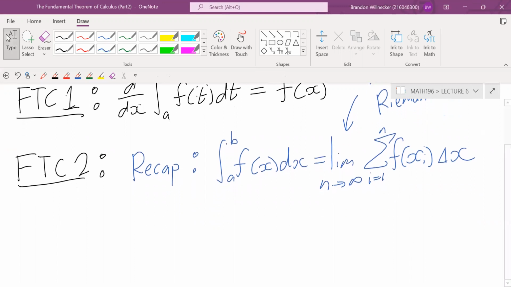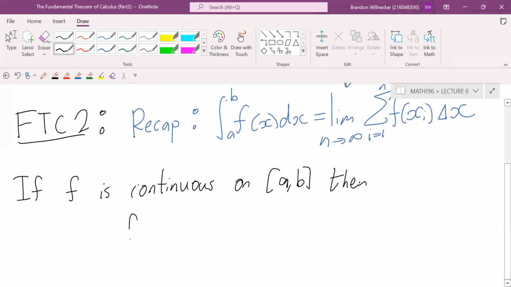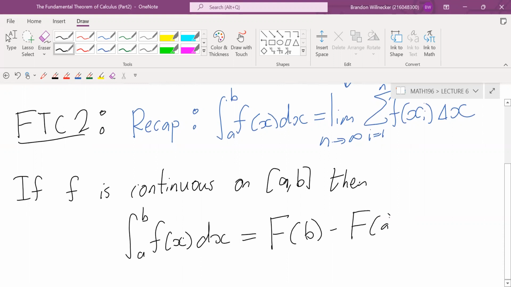Okay, so let's get into what this means. If our function f is continuous on [a, b], then the integral from a to b of f of x dx, so this definite integral, is equal to capital F at b minus capital F at a.